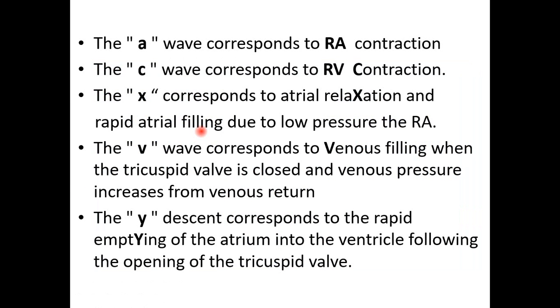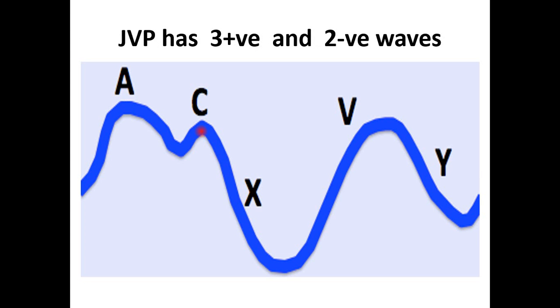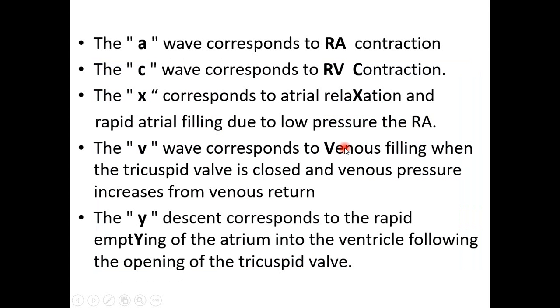The X descent corresponds to the atrial relaxation and rapid atrial filling due to low pressure in the right atrium. So the X corresponds to the atrial relaxation. This is atrial relaxation, so blood will enter the atrium, the blood increases in the right atrium. The V wave corresponds to the venous filling when the tricuspid valve is closed and venous pressure increases from venous return.